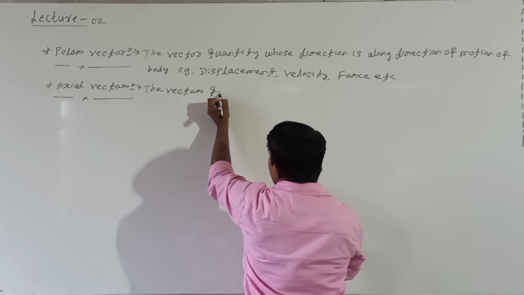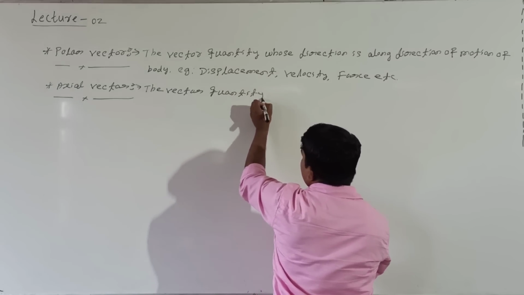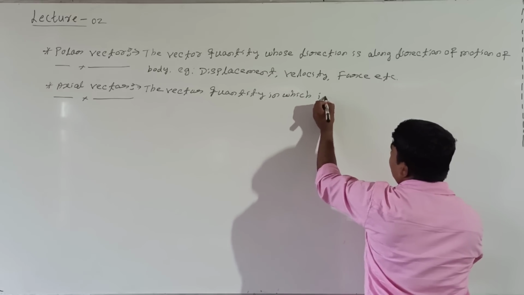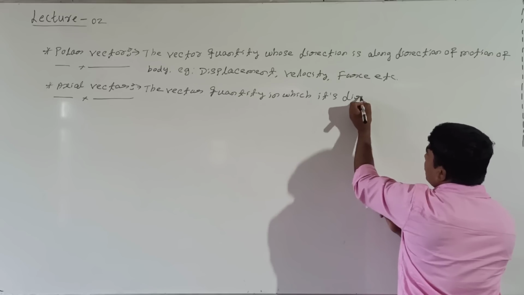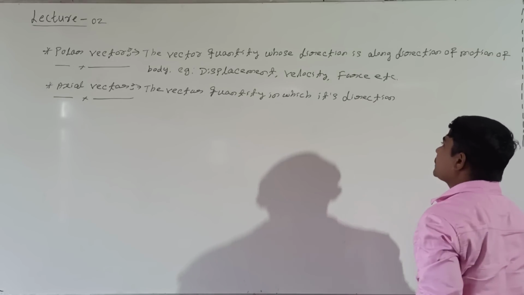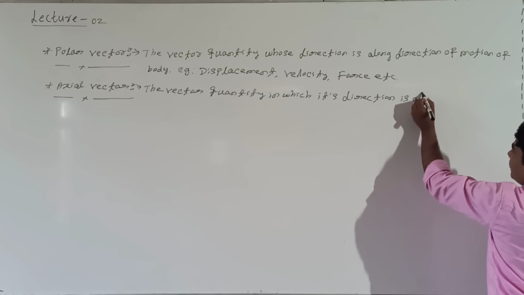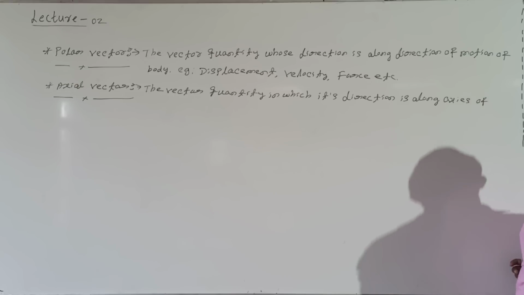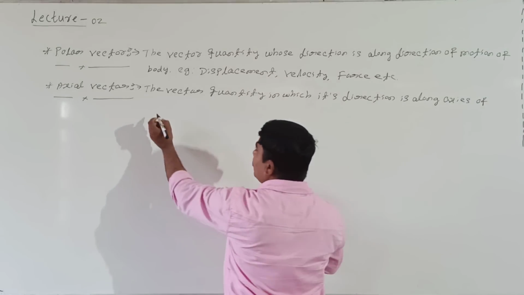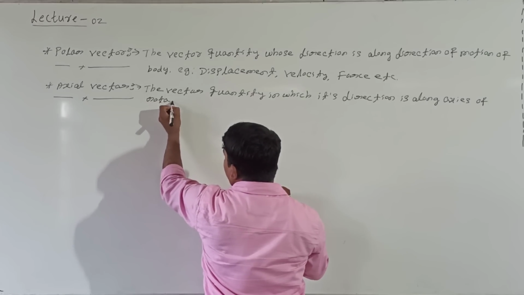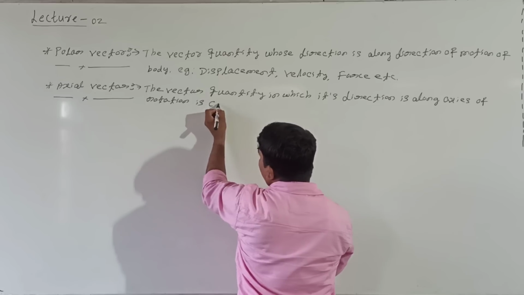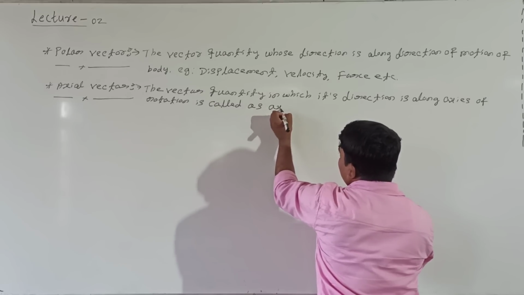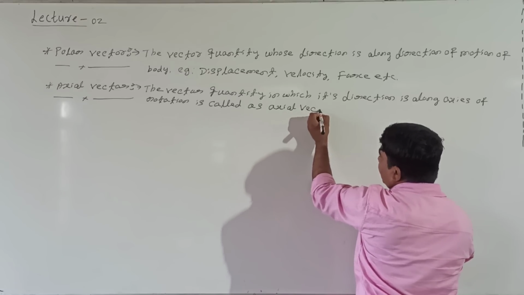The vector quantity in which its direction is along the axis of rotation is called an axial vector.